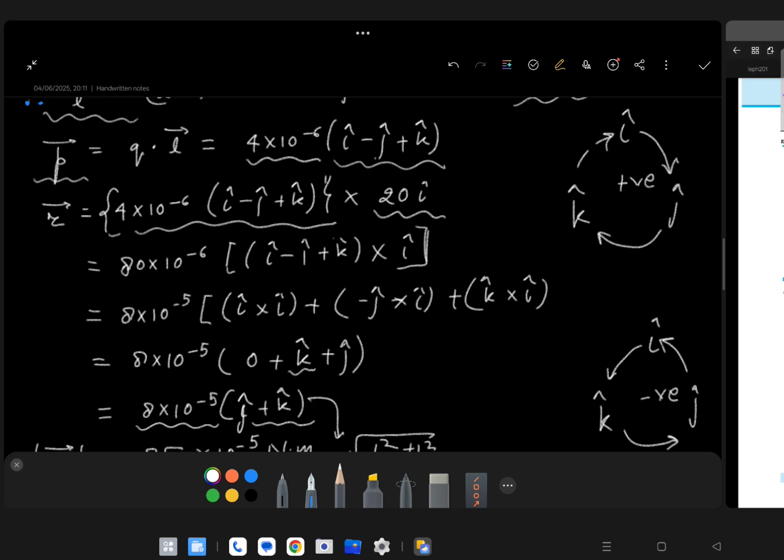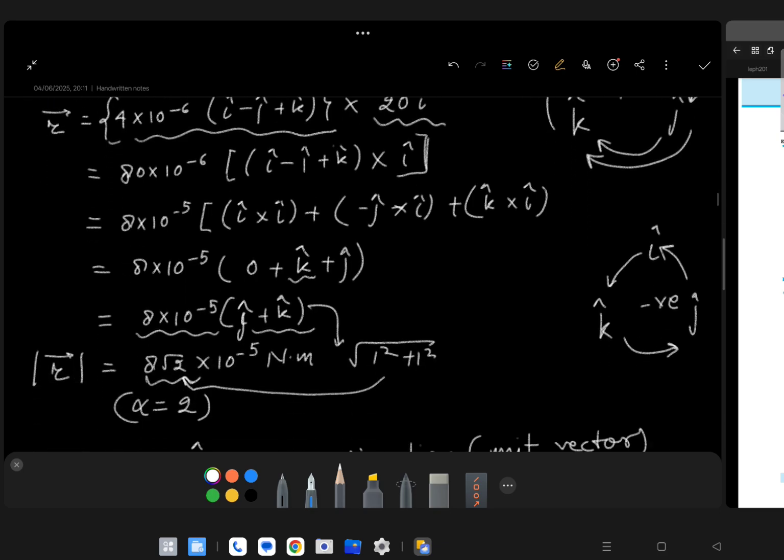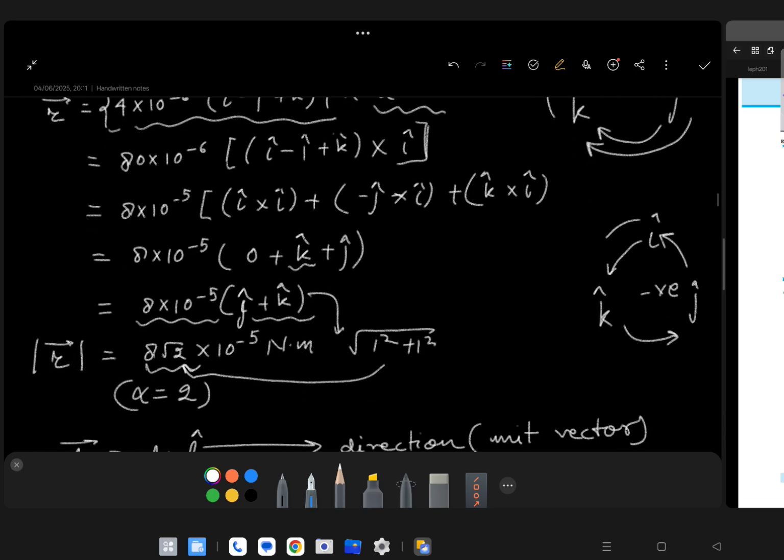In clockwise direction, i cap cross j cap will give you k cap, j cross k will give you i cap, and k cross i will give you j cap. But in counterclockwise direction, i cross k will give you minus j, k cross j will give you minus i, and j cross i will give you minus k. All right.